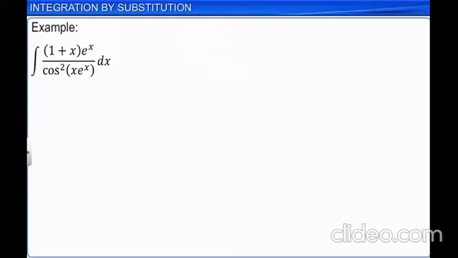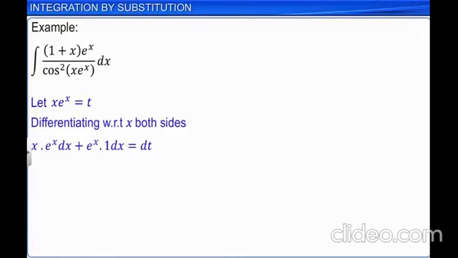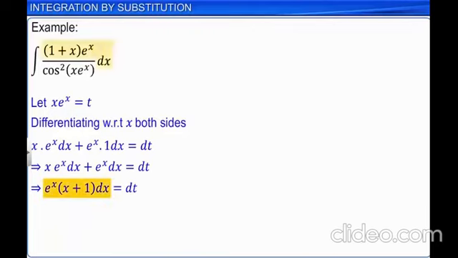So, substitute x into e power x as t. Now, differentiating both sides as shown gives e power x into x plus 1 dx is equal to dt. If you observe the left-hand side of this equation, you will notice that it is the numerator of the given integral.